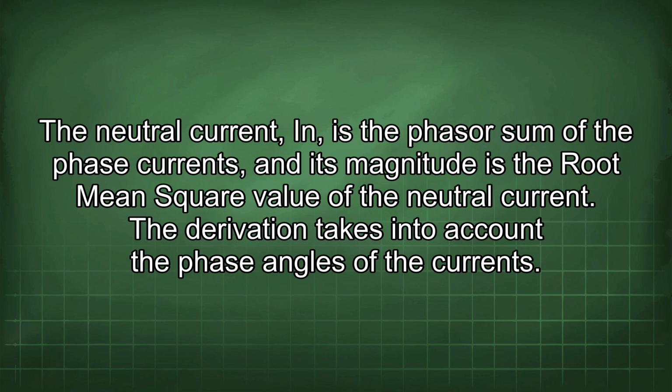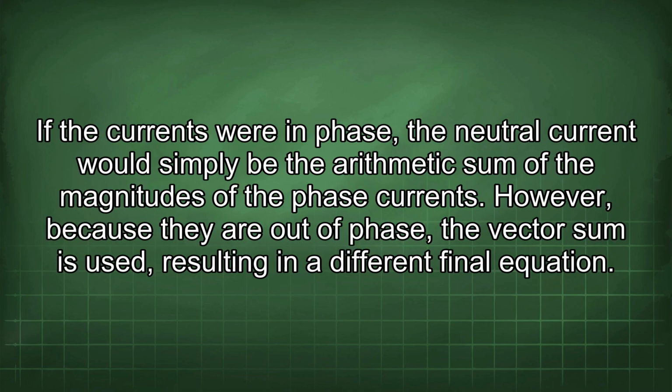The derivation takes into account the phase angles of the currents. If the currents were in phase, the neutral current would simply be the arithmetic sum of the magnitudes of the phase currents. However, because they are out of phase, the vector sum is used, resulting in a different final equation.